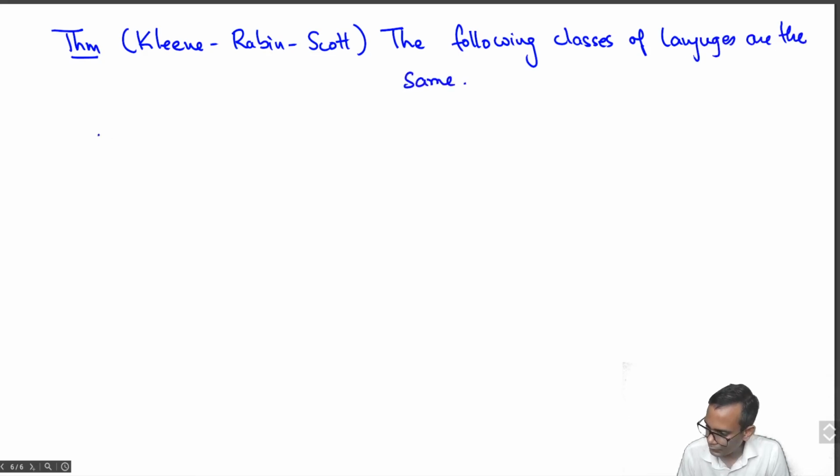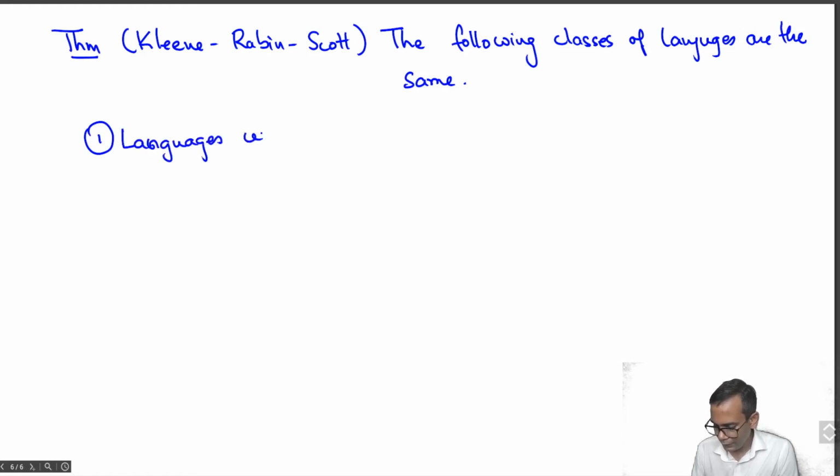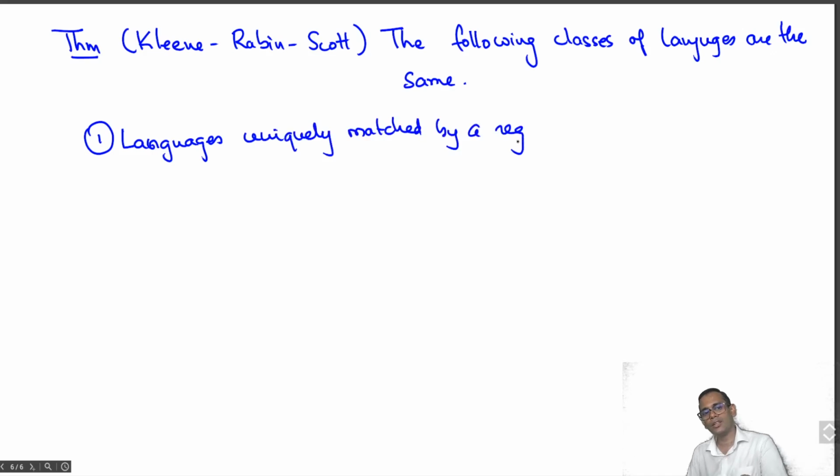The first is languages uniquely matched by a regular expression, which means that you have a regular expression, look at the language of all words that match it, and each of those words must match it in a unique manner.